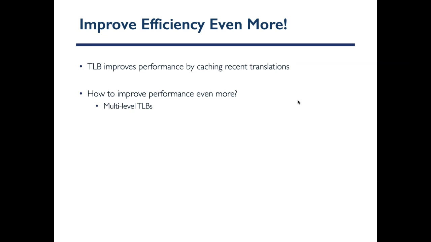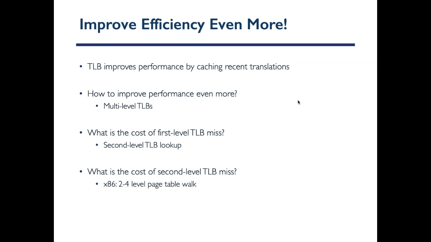The same way that we have level 1 cache, level 2 cache, and level 3 cache, we can have multiple levels of TLB. If you miss in the first level TLB, you go to the second level TLB. And let's say that's all you have. Then if you miss in the second level TLB, you have to initiate a page walk.